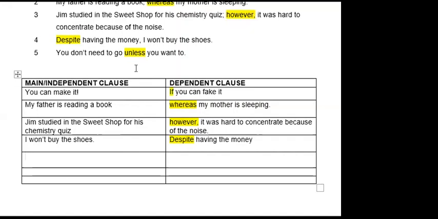I don't see any "won't go" here. Okay, let me ask the question again, and then you guys can answer me, right? So you don't need to go unless you want to. What is my independent clause here? What sentence there can stand alone?